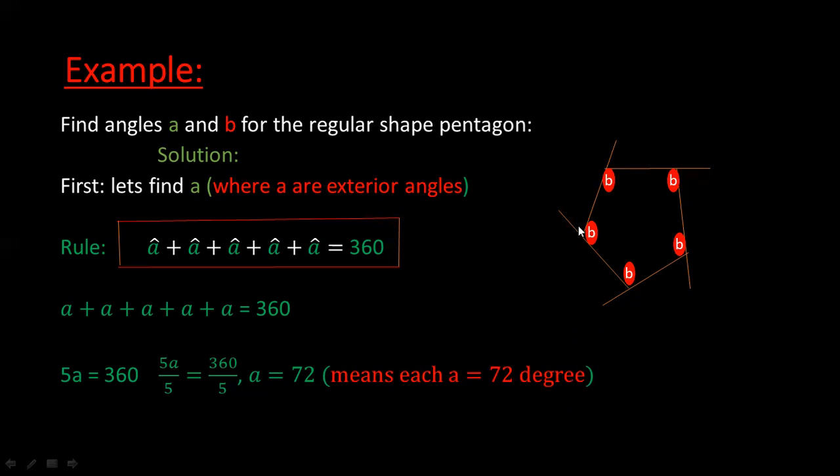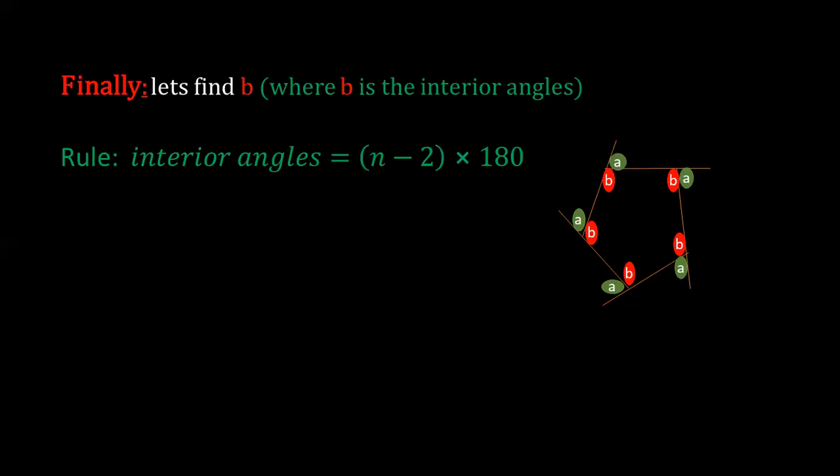We have 5 A's here. The remaining angles are the interior angles, and they are 5 B's. If you remember the previous lesson, you can easily calculate B. Let's see the steps we use to calculate the interior angles.